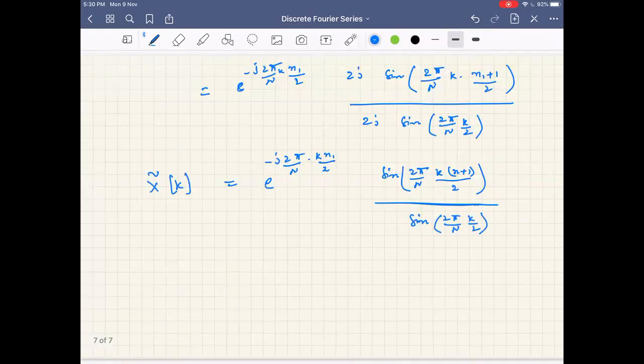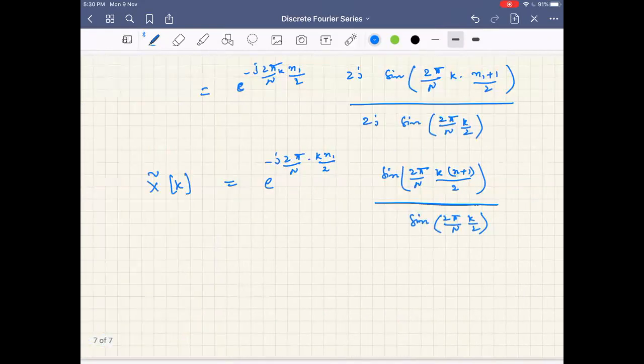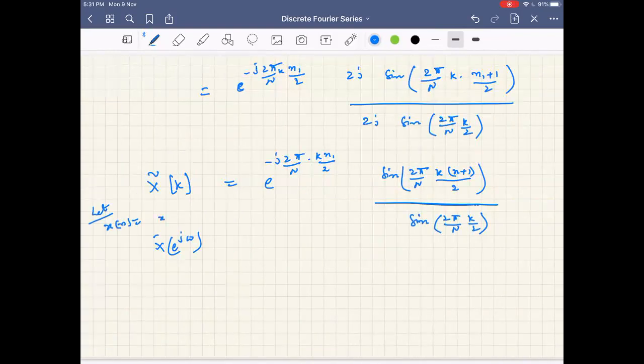Now let us see, if we have a signal which is aperiodic and looks similar to x tilde of n over one period, then what is our discrete time Fourier transform? That is X of e power j omega. Let x of n be equal to only one period of x tilde of n, for n from 0 up to 9.